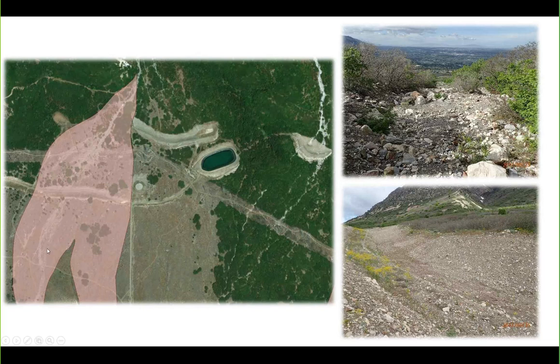So again, you can see these brighter areas of active deposition. And if we look at the photo on the upper right, this is standing near the fan apex, somewhere right up in here, looking downstream. And again, just note the size of the material in the bed of the channel: large boulders, cobbles, lots of gravels, and just big material.